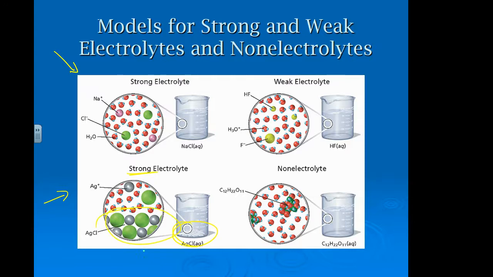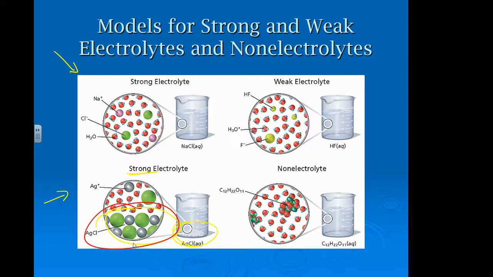You can see these little chunks are the undissolved portions of the silver chloride. The silver chloride might be slightly soluble or insoluble at this point, once I've put so much in there, but that doesn't mean it's not a strong electrolyte. It can still be completely surrounded by water for the amount that can actually dissolve.